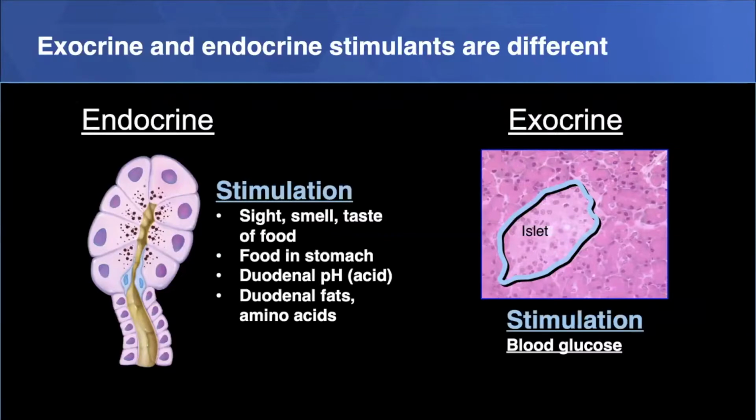The exocrine, which again is mislabeled, is shown on your left, and responds to sight, smell, and taste of food, food in the stomach, duodenal pH, and nutrient content, whereas the primary stimulant for the endocrine pancreas to your right is going to be blood glucose levels.